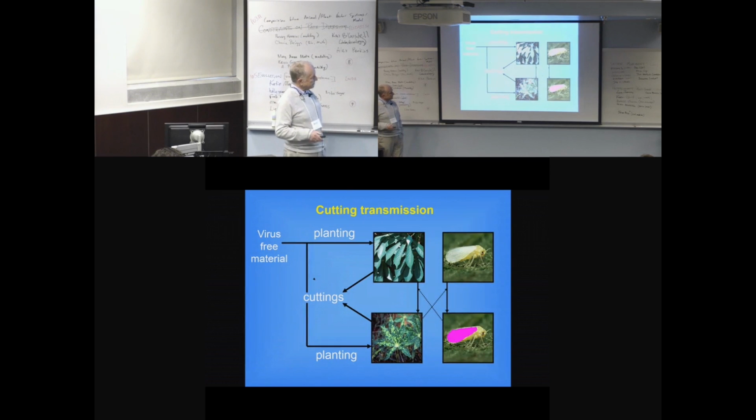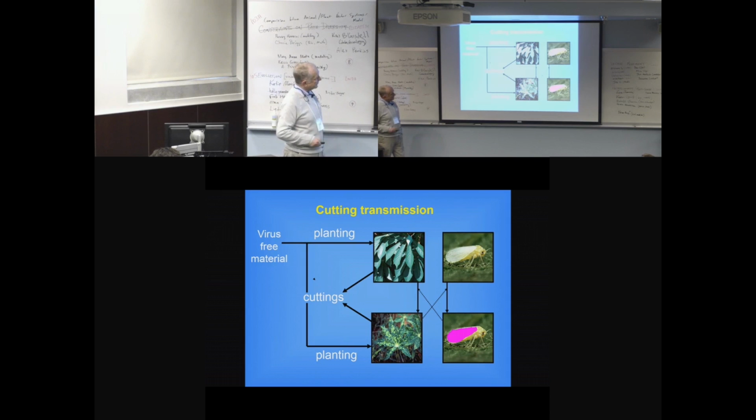So again, we can go through the same process in terms of the population model, and we add this in. You can add virus-free material. You can be taking cuttings, preferably from healthy plants, but sometimes farmers may have to take them from diseased plants.